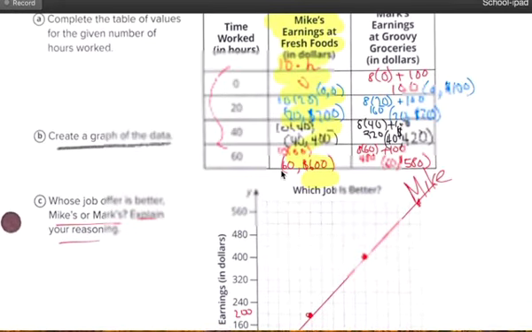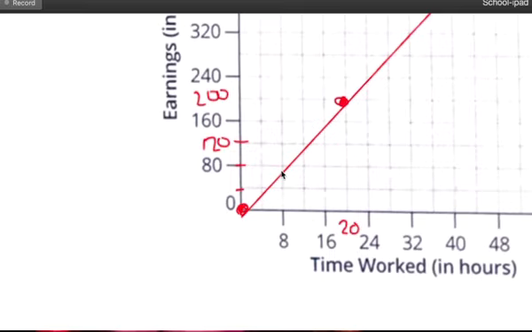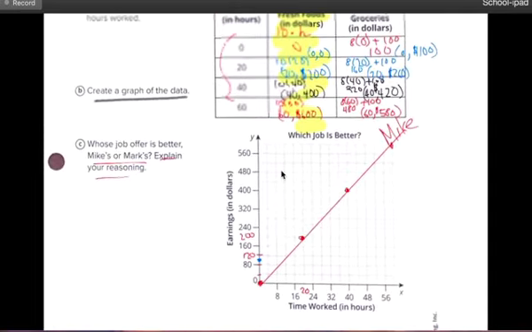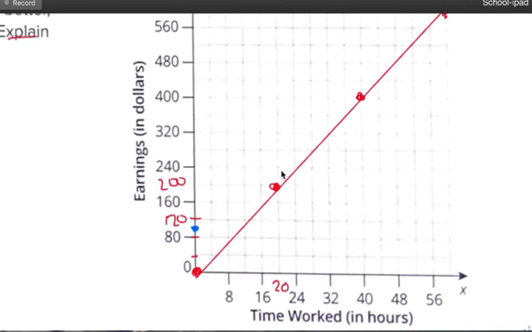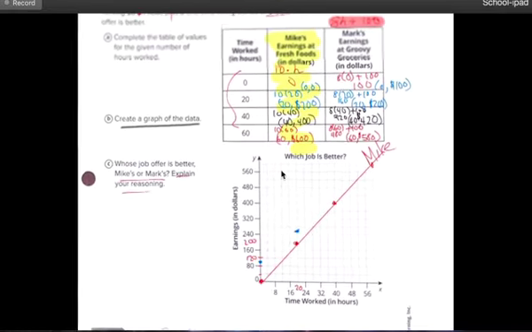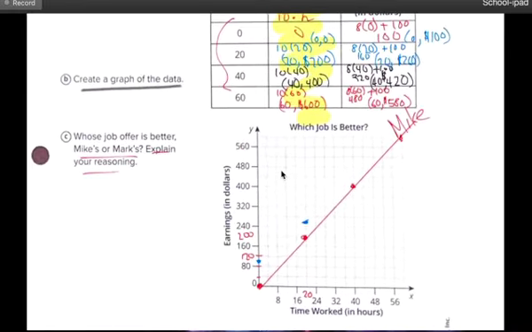And then Mark's. Mark is at 0, 100. So right there. 20 at 260. Okay, and then 40 at 420 right here.